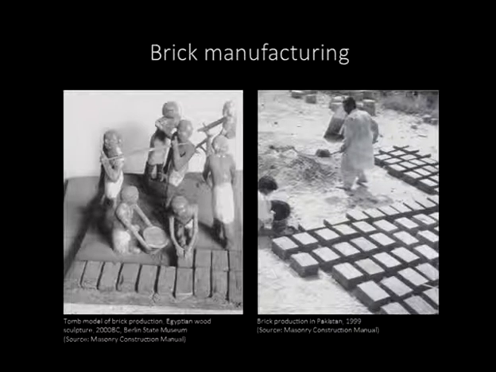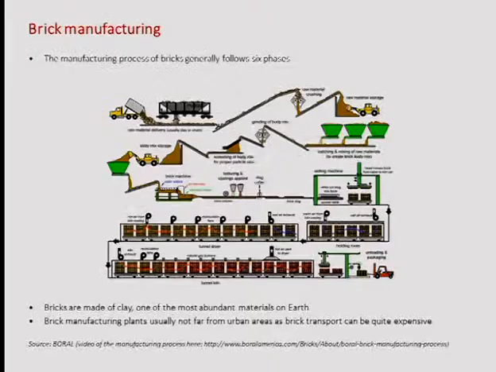Now it's completely industrialized, and this is the scheme of the manufacturing process from one of the most important companies, Boral, from the US. But there is one important thing to say. Clay is at the same time one of the most abundant materials on Earth, but it's also very heavy.